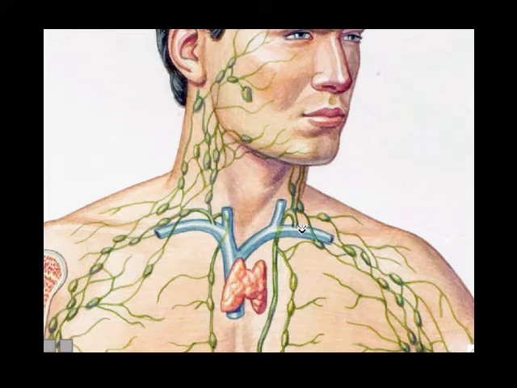Okay, so that's one major part of your lymphatic system, all these ducts for draining the lymph back into your bloodstream. But in addition to that, if you look closely, there are little kidney bean-shaped things all throughout your lymphatic system. Those are called lymph nodes, and they're basically bean-shaped structures where several lymphatic vessels merge together.